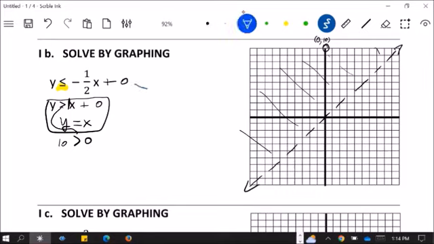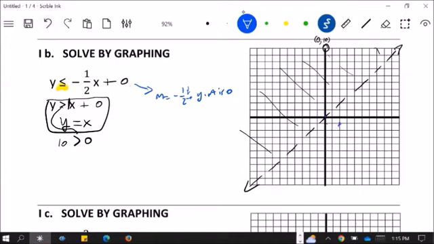Now let's do the second one. M equals negative 1/2. Y-intercept is 0. So I'm going to go to 0, and I'm going to go down 1 and over 2. Whoops, I went over 1. So let's now be more careful and go down 1 and over 2.